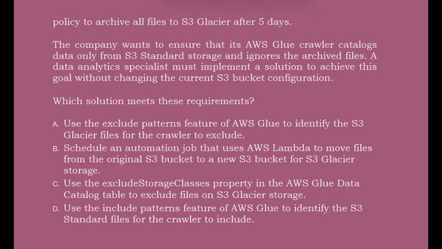Option C. Use the exclude storage classes property in the AWS Glue data catalog table to exclude files on S3 Glacier storage. Option D. Use the include patterns feature of AWS Glue to identify the S3 standard files for the crawler to include.